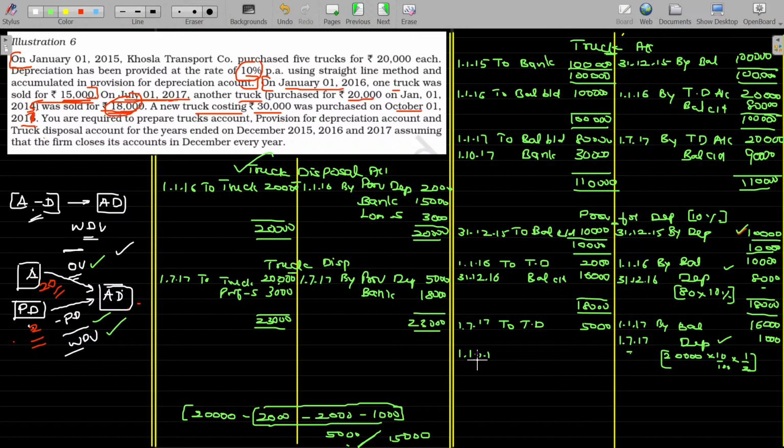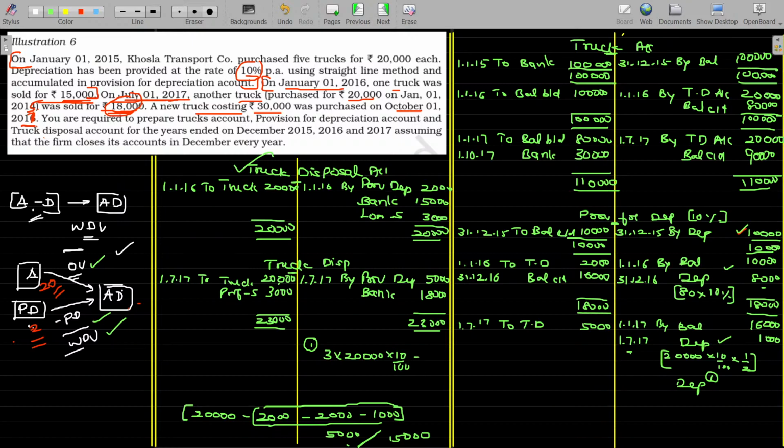Now we have to create the depreciation to be accumulated. How much is the depreciation? Out of 5 trucks, 2 trucks were sold. Now we have only 3 trucks costing rupees 20,000. This will be eligible for full year's depreciation, 10%.